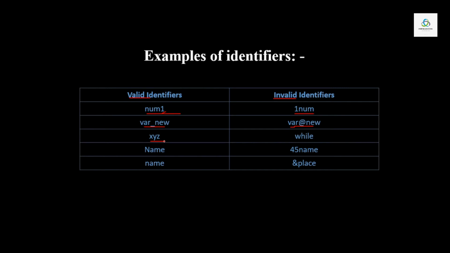It is a valid one. But when we see in invalid, it is while. While is a keyword. Here N is capital and the other letters are small. So this is a valid identifier as a combination of both uppercase and lowercase alphabets. In invalid identifiers, I have written 45name. Again it is invalid. Why? Because it's starting with a digit. The last valid identifier I have written is name.